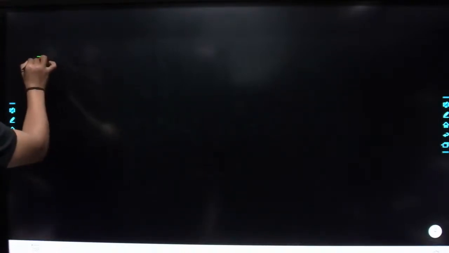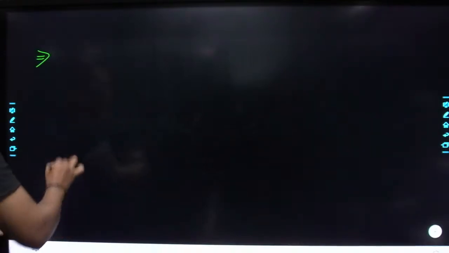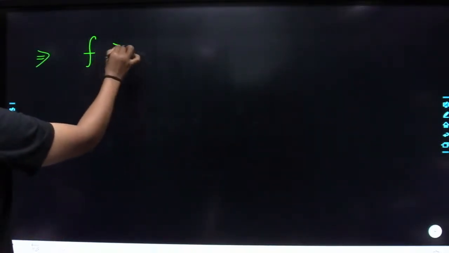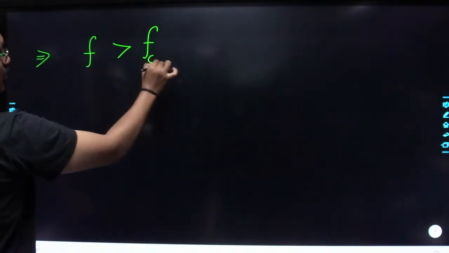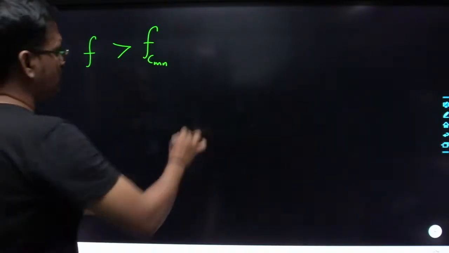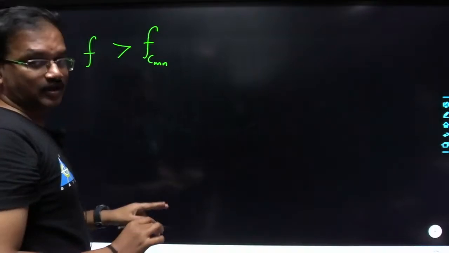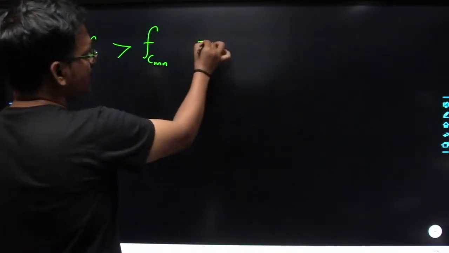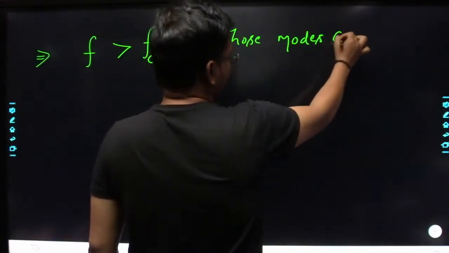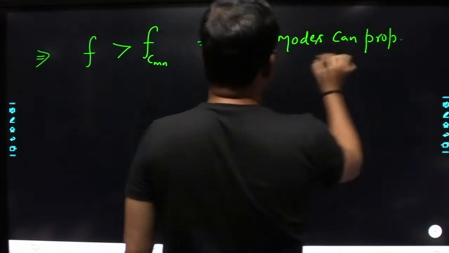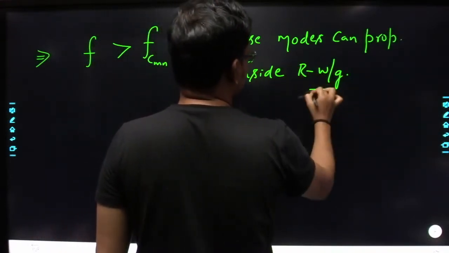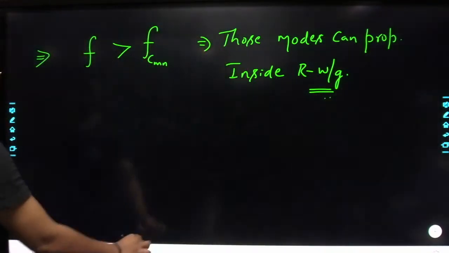If the operating frequency of an electromagnetic wave is greater than the cutoff frequency fcmn of a particular mode, only those modes can propagate inside a rectangular waveguide, right?